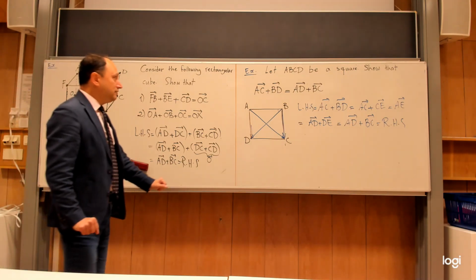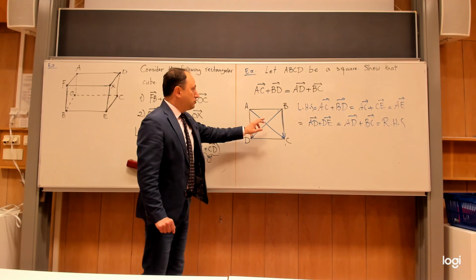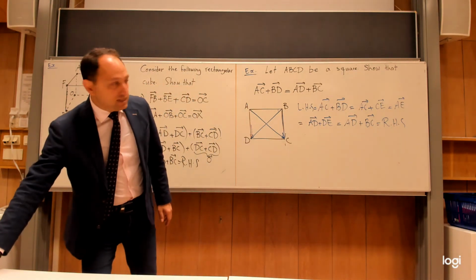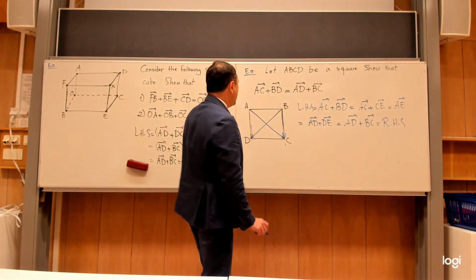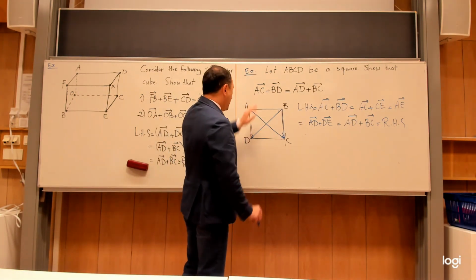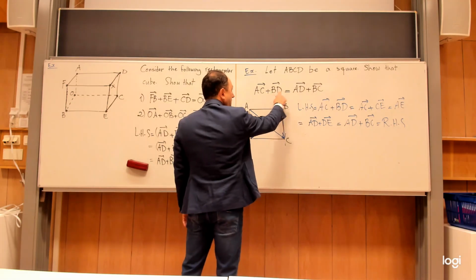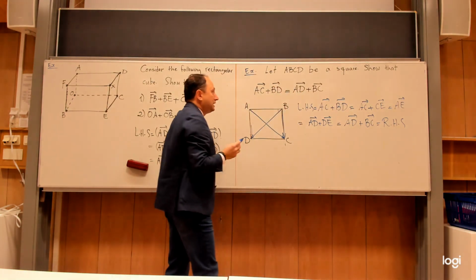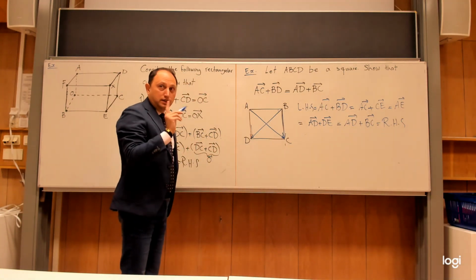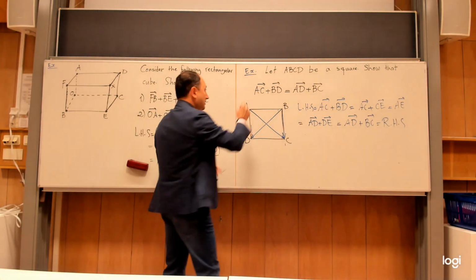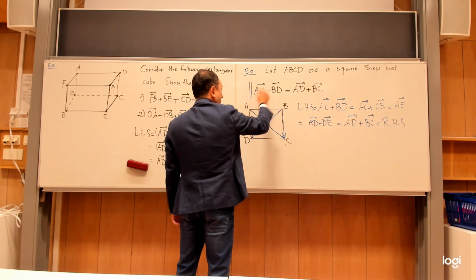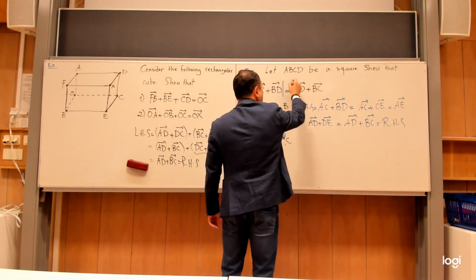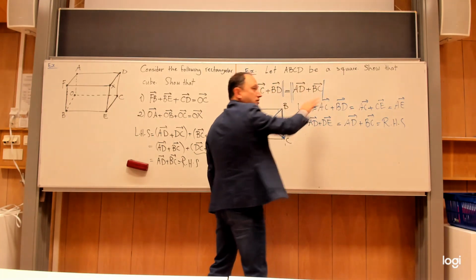But before leaving this, I just want to mention, what does this mean? If AC plus BD is AD plus BC, what can I conclude about the length? The only thing that I can conclude is that the length of the total vector on the left is equal to the length of the total vector on the right.